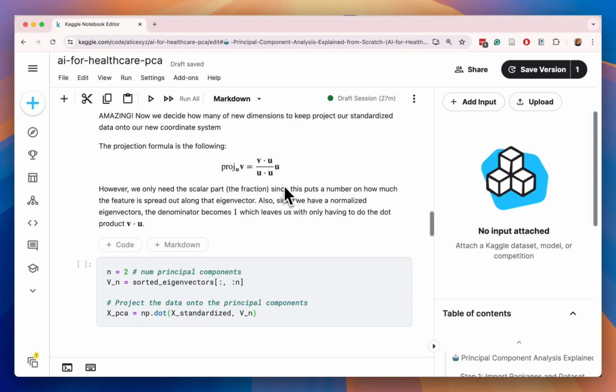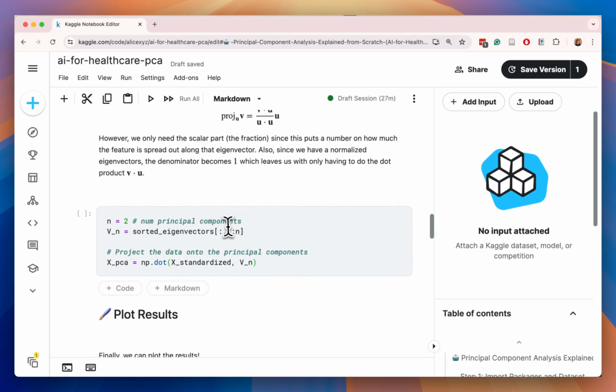And also, because we have normalized eigenvectors, the denominator becomes 1 because their lengths are 1. So that's why we only need to compute this dot product right here between our standardized x vector and the eigenvector. And that's exactly what we do.